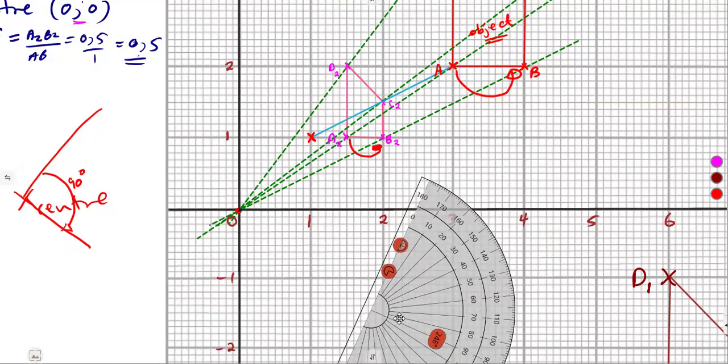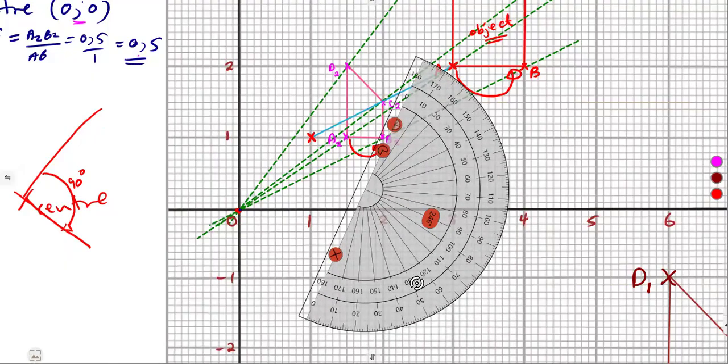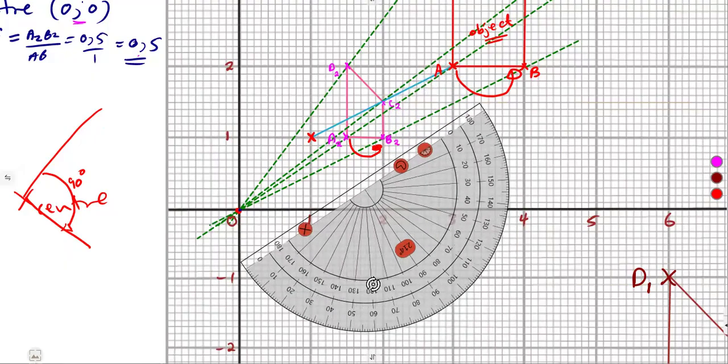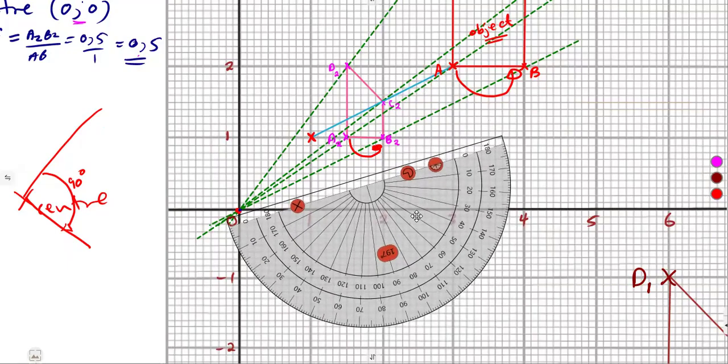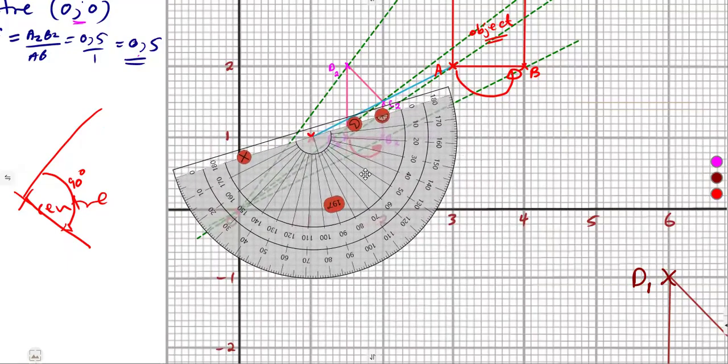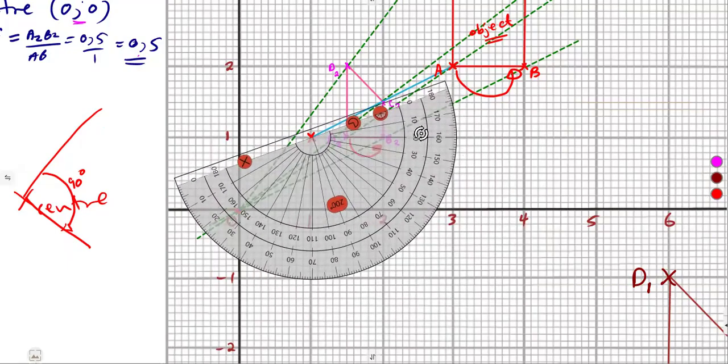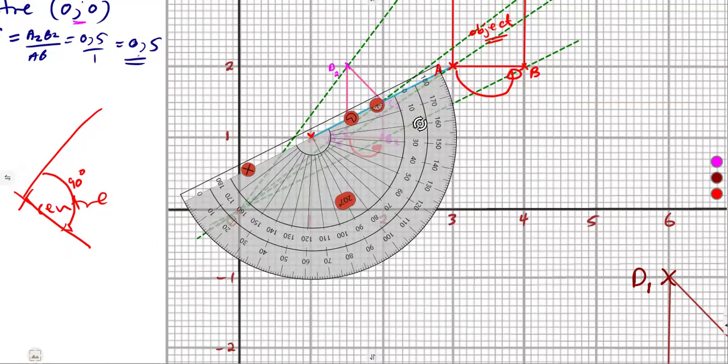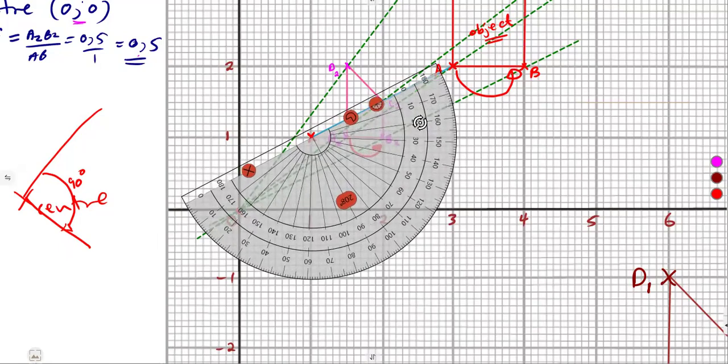Remember, it is 90 degrees in a clockwise direction, so we go this way. That is clockwise, the movement of a clock.